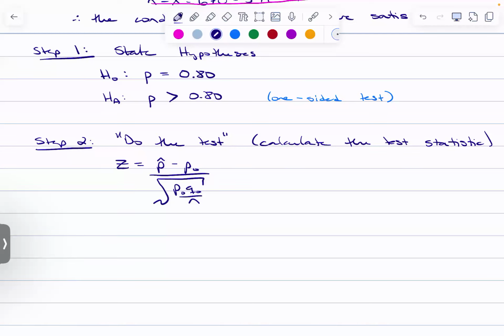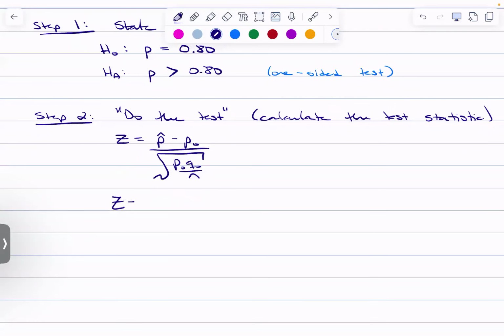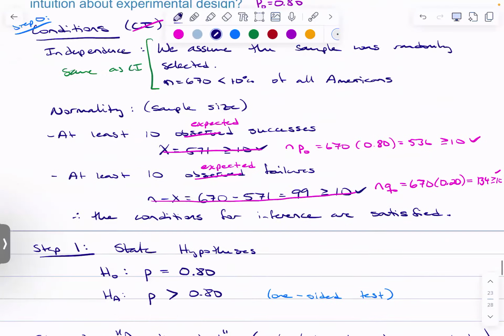Now, we can plug in our values. Z is, we've already determined our p hat is 0.85 minus 0.8. How far is it from our hypothesized value, taking into account the spread, 0.8 times 0.2 divided by 670, our n was, I think.